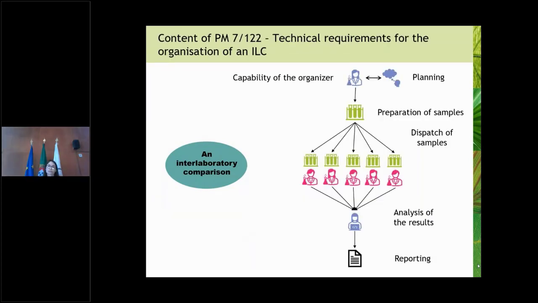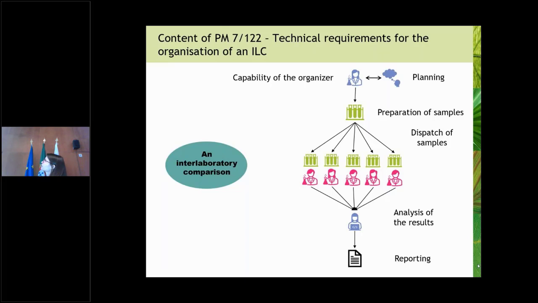So PM7122 describes the technical requirements for the organization of interlaboratory comparison. It includes the capability of the organizer to organize the test performance studies. So of course, you will have details about what the organizer should have in his lab, what resources he needs to organize the interlaboratory comparison, and so on.